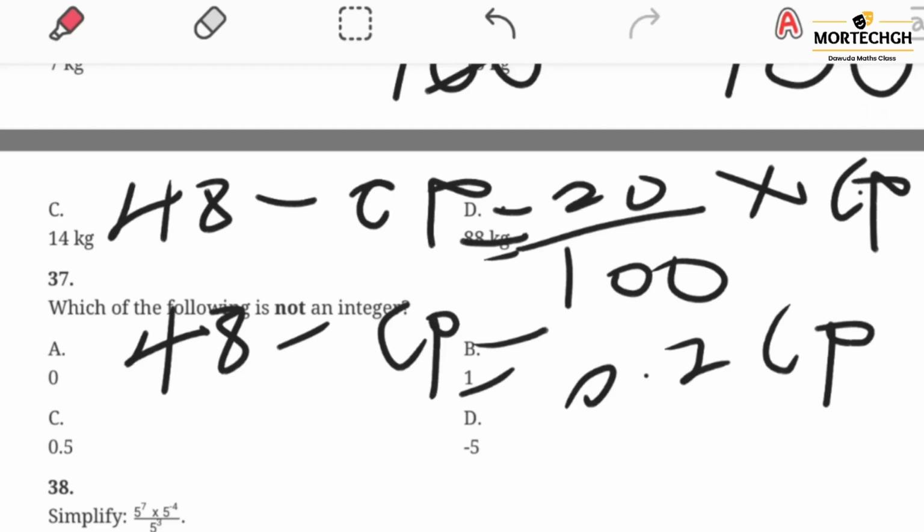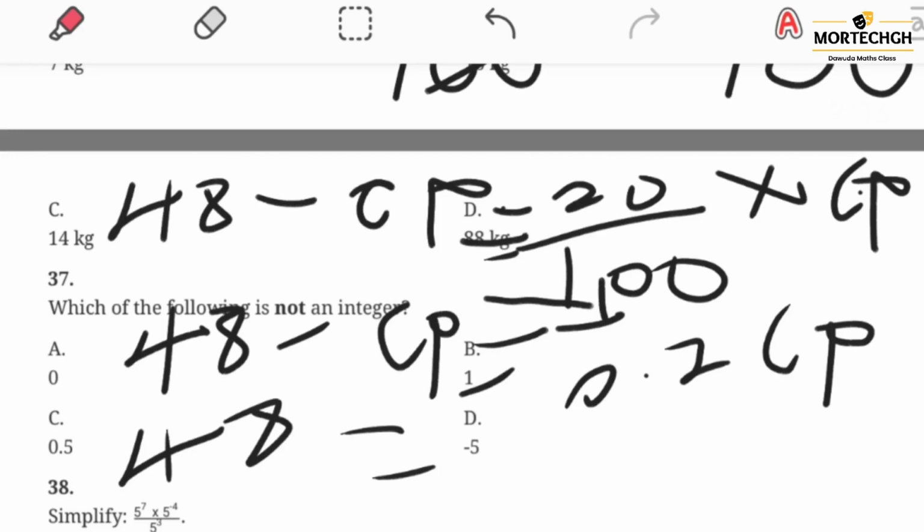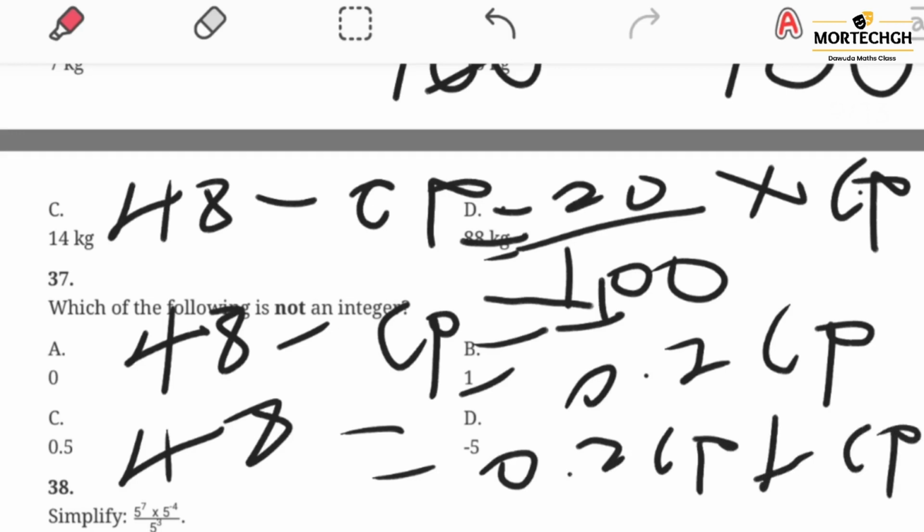But we want to find CP, so I suggest we send the CP across, so that it will become 48 equal to 0.2 CP plus CP. 0.2 cost price plus cost price will give you 1 plus 0.2, which is 1.2. So we now have 1.2 CP equal to 48.